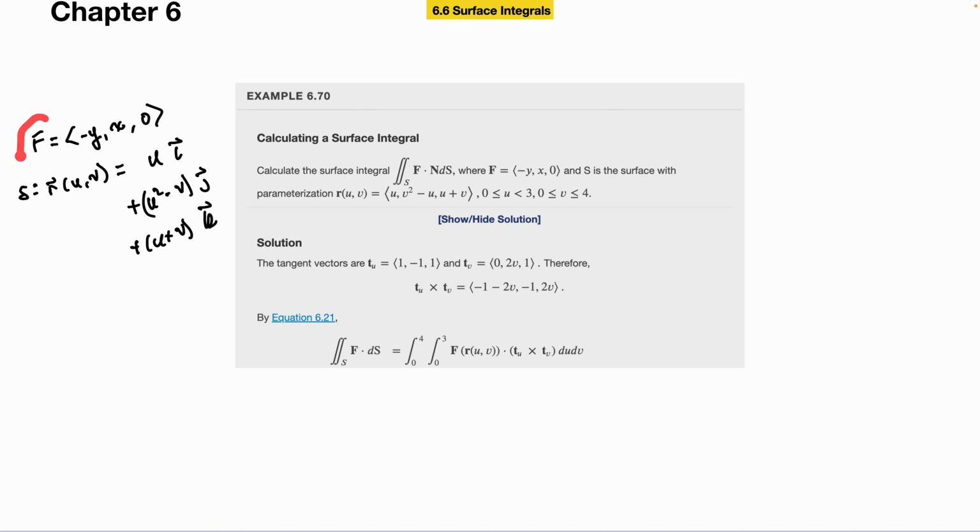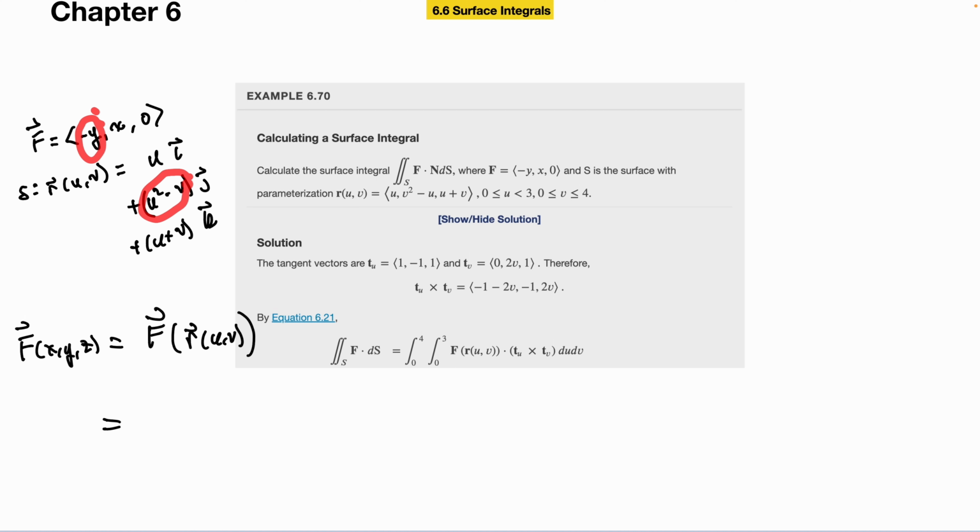Okay, so let's do a little scratch work. This along the surface, so F, and I forgot vector notation, is going to be the same thing as the vector field composed with the position vector, so that in the first slot we want negative y.